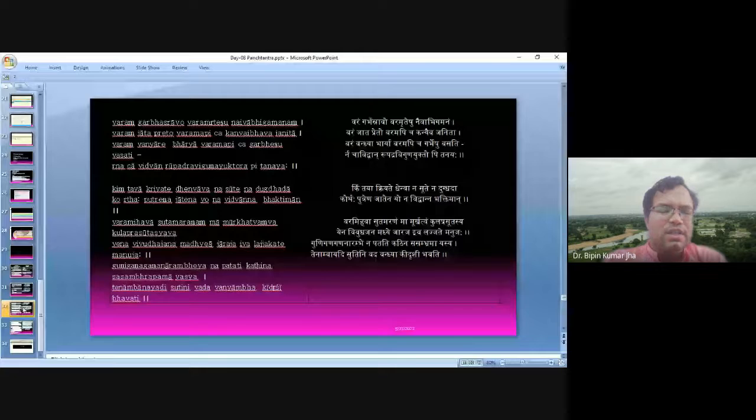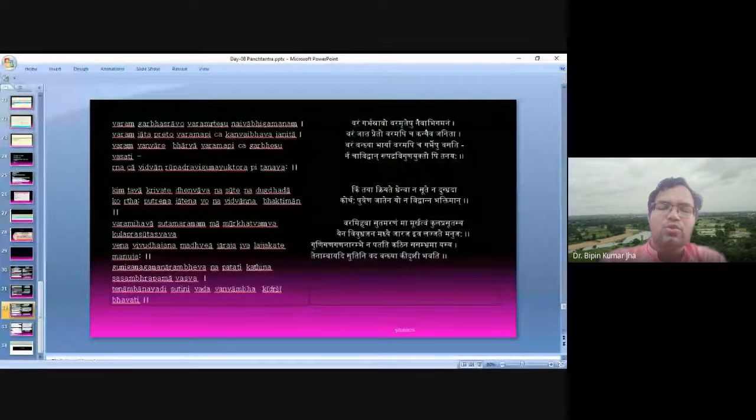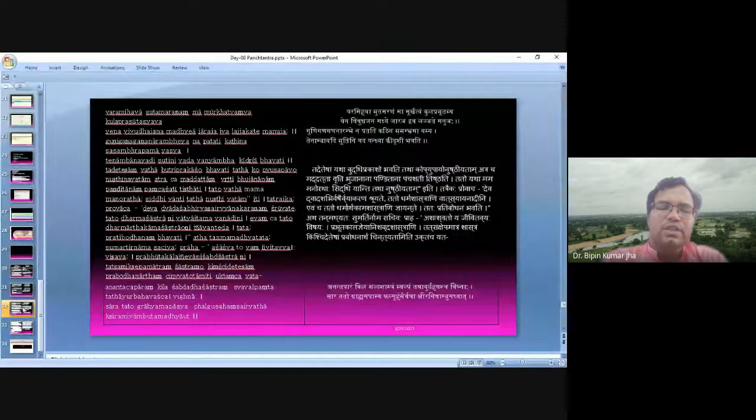Then, that my sons must be learned, because these three sons are not interested in learning anything. So that is very difficult for me. And at the end, tadeteshaam yatha buddhi prakasho bhavati tatha koapyo payo anushthiyatam atra cha maddatam vrittim bhunjanam panditanam panchasati tishthati.